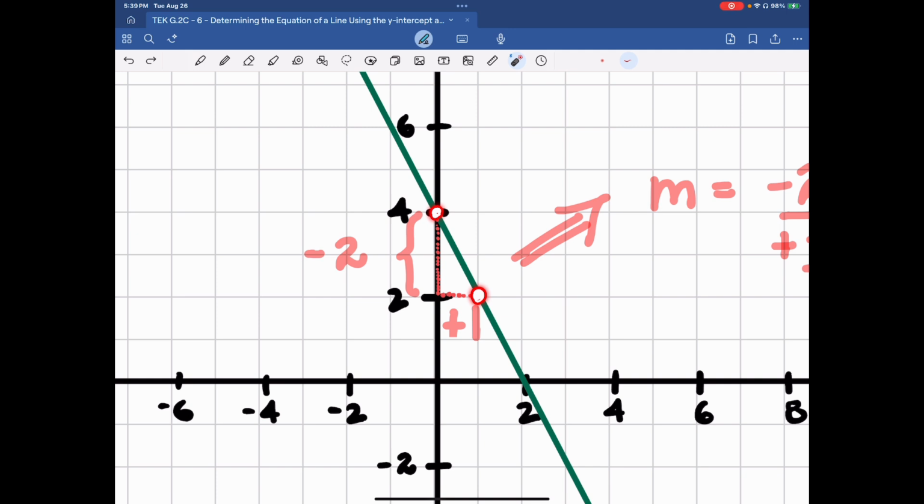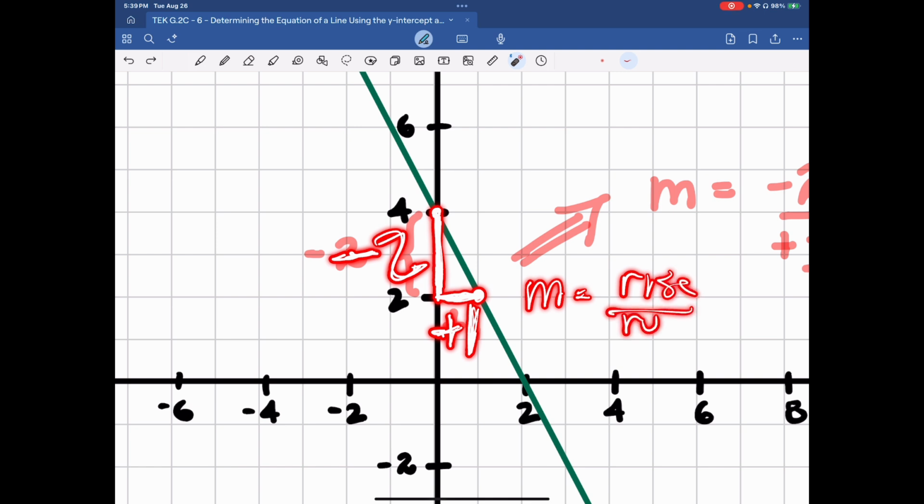If I'm looking at that, I'm going to drop 1 unit, 2 units. So I'm going down 2 units. And then to get to here, I'm going over 1 unit. So this is a drop of 2 or a -2. And now we're moving to the right, which would be a +1. So my slope would be rise over run, which is a -2 over a +1.